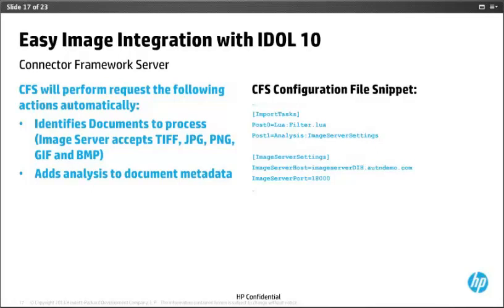This is important because we can identify the types of information that we want to process. We do want to anticipate what the formats might be. We are able to accept a variety of formats that are outlined here on the slide, and we also can perform not only the analysis but enrichment of data in that layer to augment the metadata that is available once the data is processed.